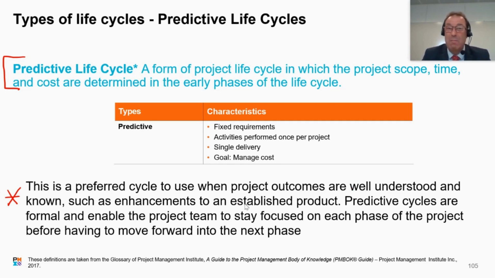In other words, we're doing maybe upgrades, replacing old for new, that type of thing. Predictive cycles are formal and enable the project team to stay focused on each phase of the project before having to move forward into the next phase. A really good point. So there is low ambiguity here. It's a great opportunity for a team to really get on and express themselves whilst following a very predictable model.